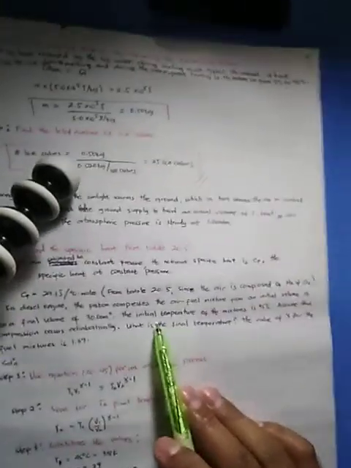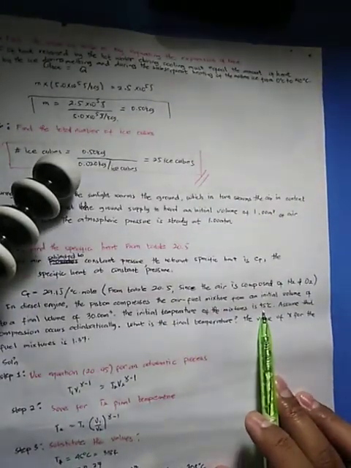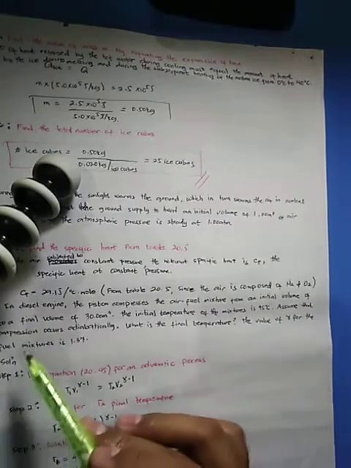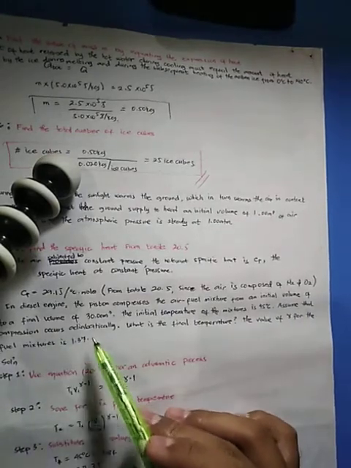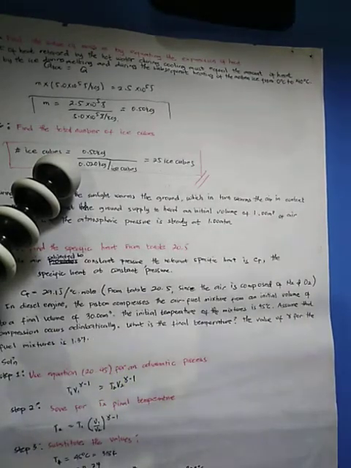The initial temperature of the mixture is 45 degrees Celsius. Assume that the compression occurs adiabatically. That is being stated here in the problem. So the question is, what is the final temperature? You are looking for the final temperature.